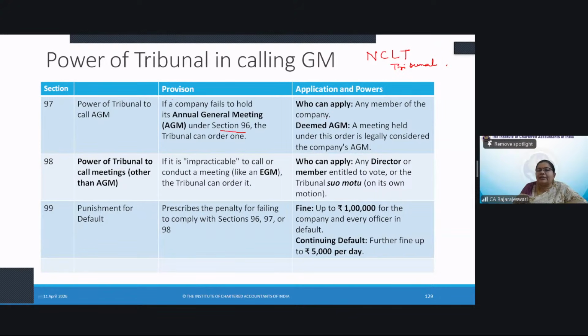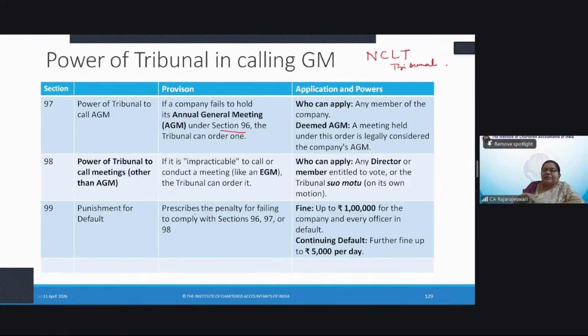So who can apply to the tribunal? Any member of the company can apply to the tribunal. If a meeting is ordered by the tribunal and is held on a particular day, that meeting is considered as a legal AGM held on that particular date.